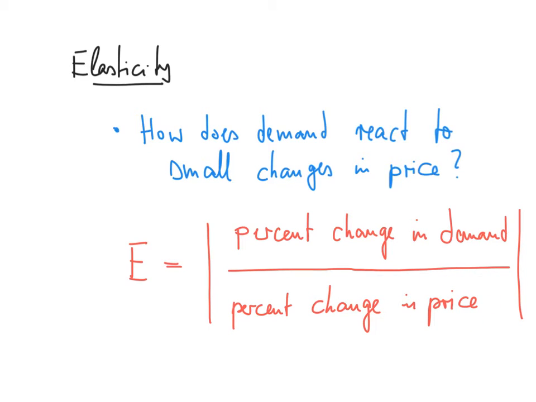If you change the price by, I don't know what, milk by $1, that's a relatively big change, right? Whereas if you change the price of, let's say, a laptop computer by $1, it's not that big a change relative to the price of the product. That's why we work with percent or relative changes, right? Here.